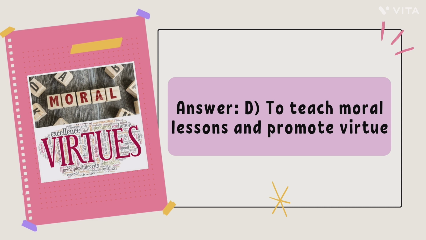Moving on to the answer: to teach moral lessons and promote virtue, because classical criticism emphasizes the didactic function of literature, viewing it as a means to educate and morally uplift the reader by conveying moral lessons and promoting virtuous behavior.